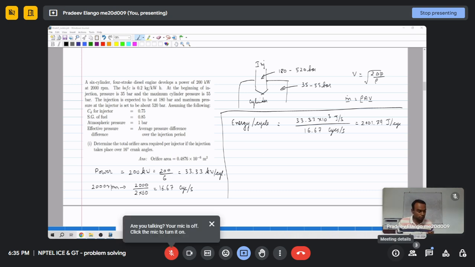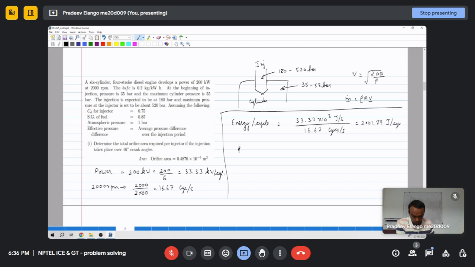Yeah, so we have found the amount of break energy. Next we can calculate the fuel quantity needed for one cycle.